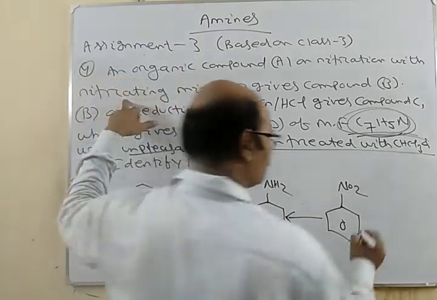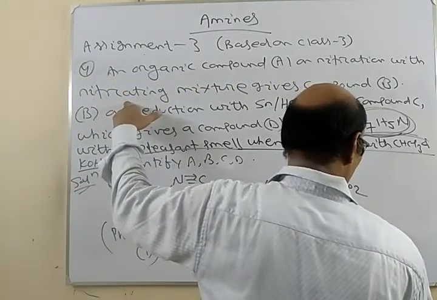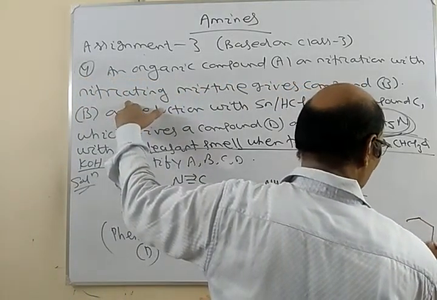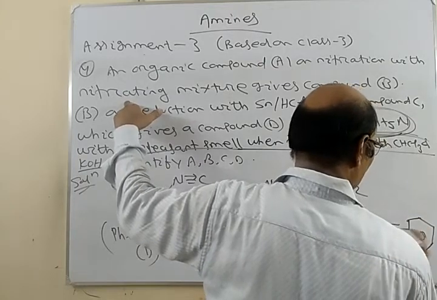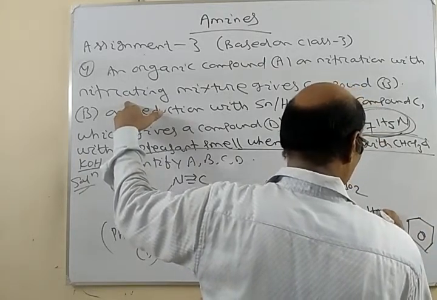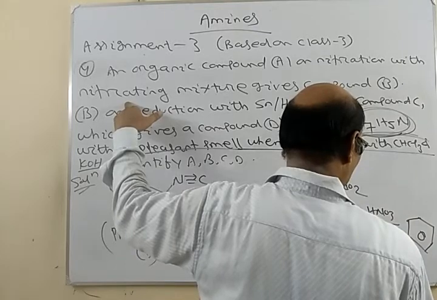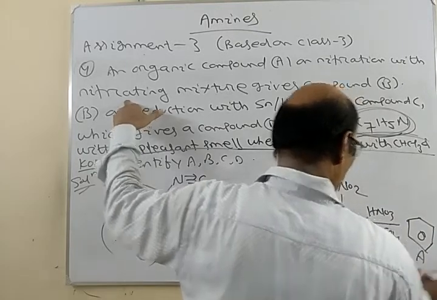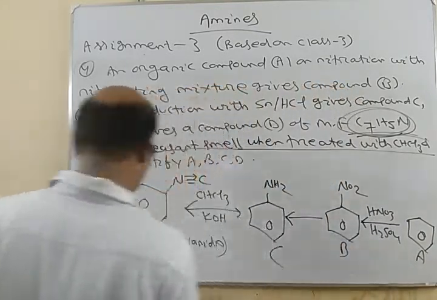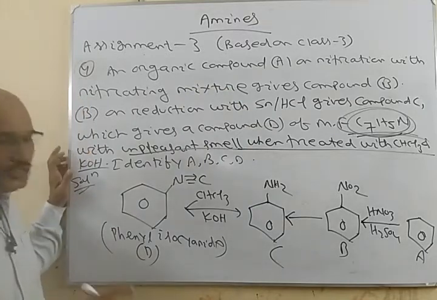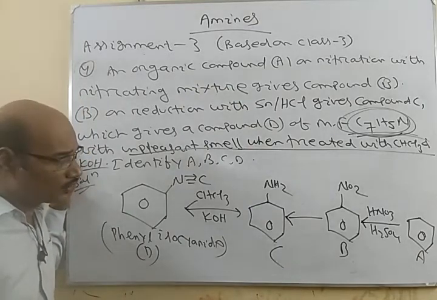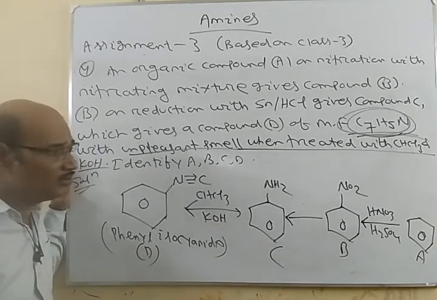That means A is benzene, with HNO3 and H2SO4. Suppose A, B, C and D. So benzene undergoes nitration to give nitrobenzene.